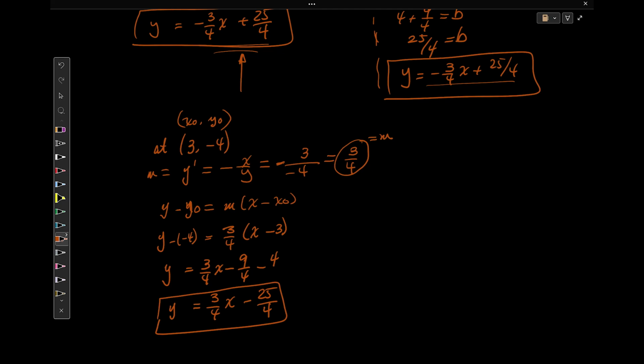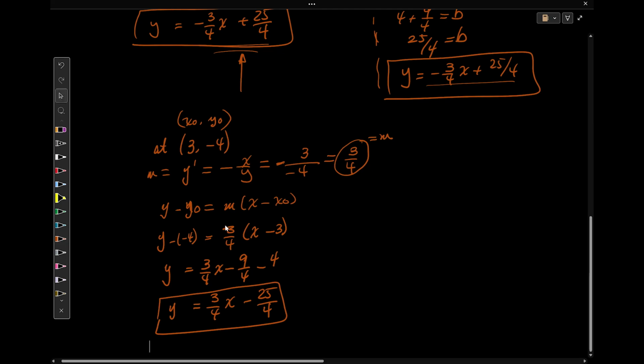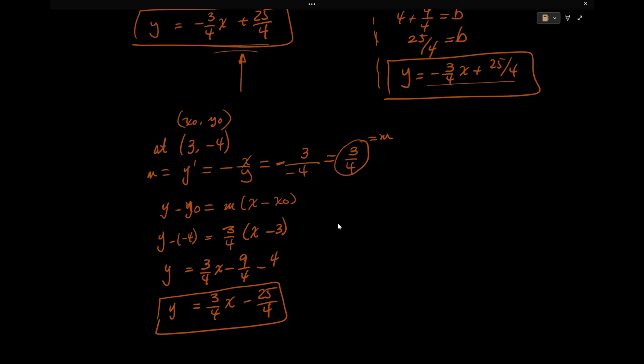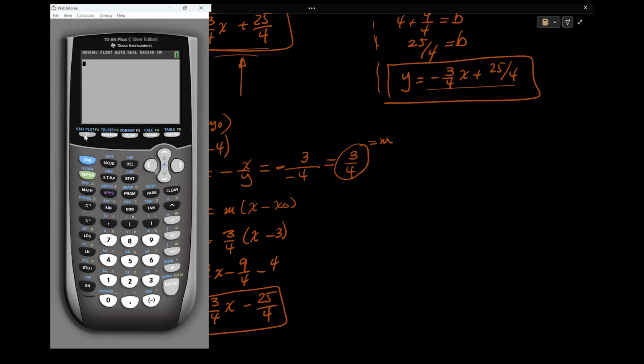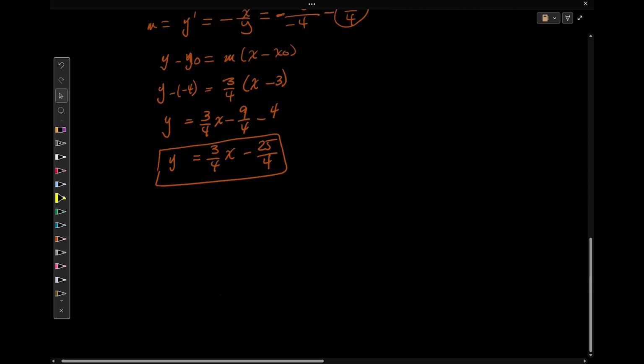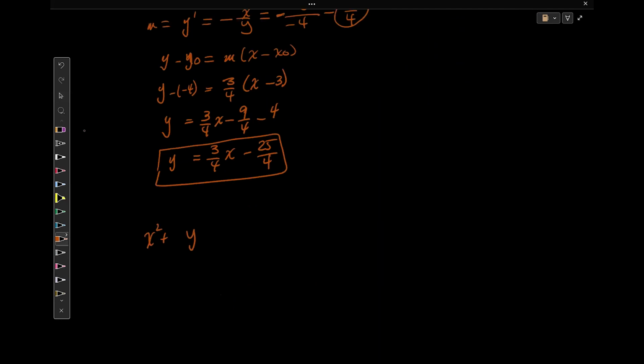Let's see if we use the calculator, we will be able to verify this. So here's the calculator. Let's go ahead and plug in the function. This calculator needs y equals something. What we were given, x squared plus y squared is 25, so we can solve for y squared is 25 minus x squared, and y is plus or minus the square root of 25 minus x squared.